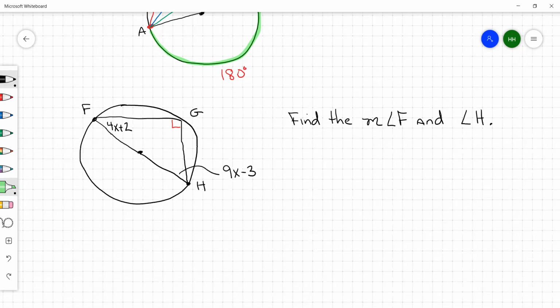Be careful that you don't set F and H equal to each other. There's nothing that says that they're equal to each other. What are they equal to? Very good. The two acute angles in a right triangle are complementary. They have to sum 90. So our 4x plus 2 plus the 9x minus 3 has to equal 90 degrees.